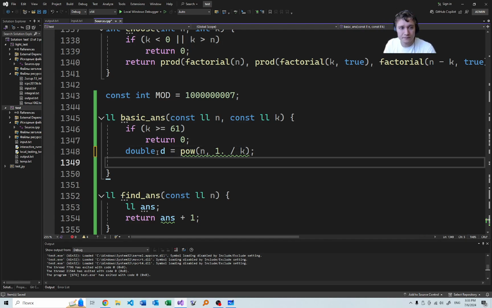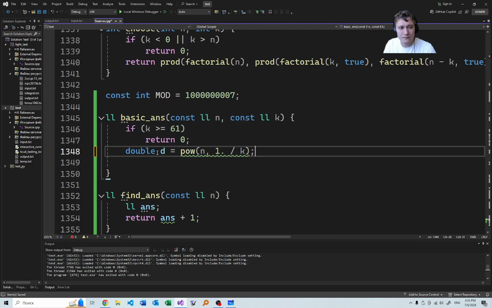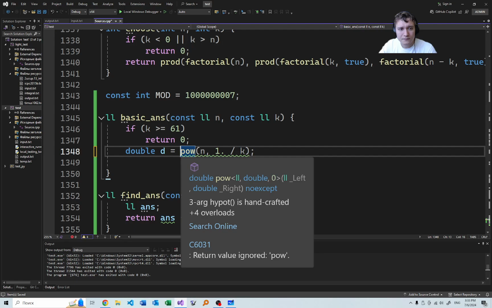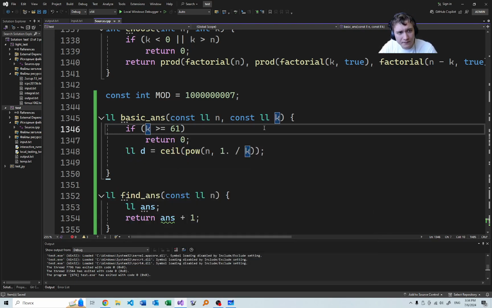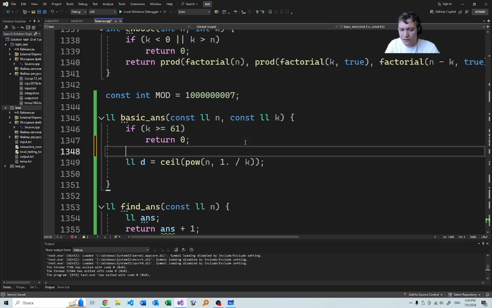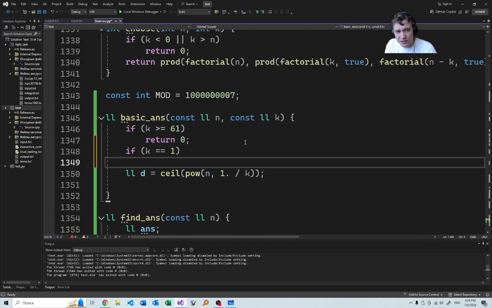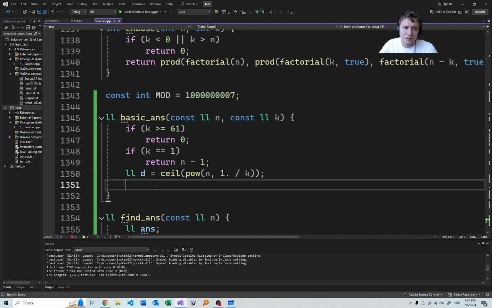Then actually let's take its ceiling, and actually it should be int. Let's make it long. Okay, also if k is 1, probably we need to just take n minus 1. So d is the ceiling of this number.